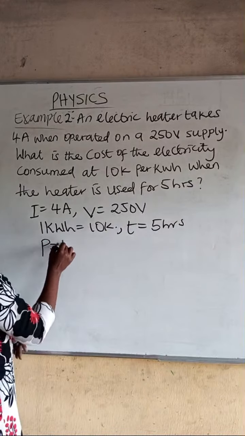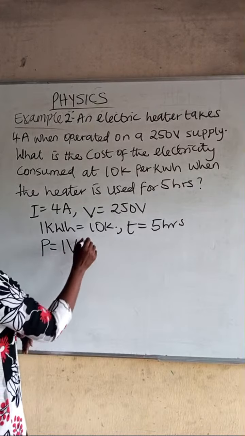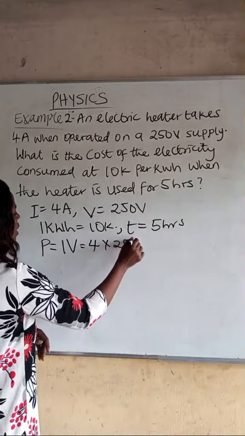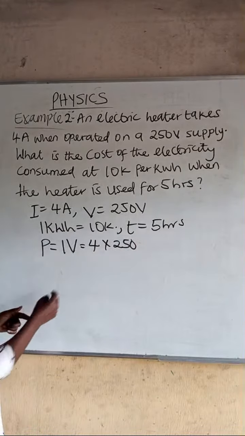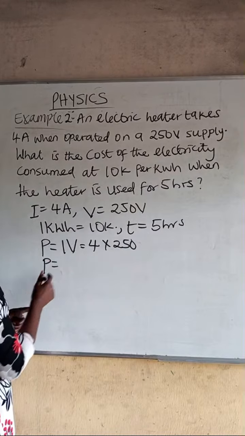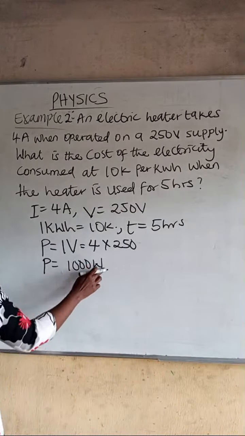My power is IV, that is 4, which is current, times 250 volts. 4 times 250 is going to give me 1000 watts.